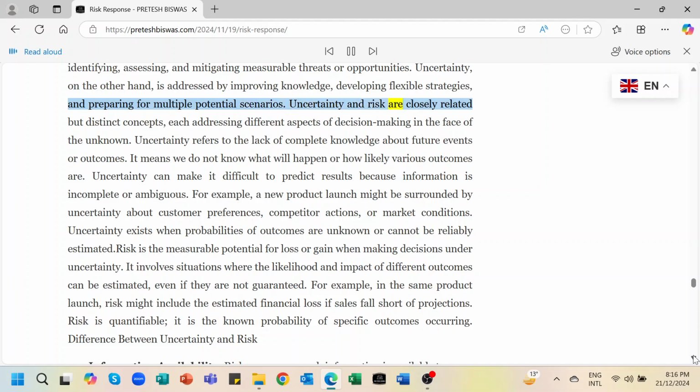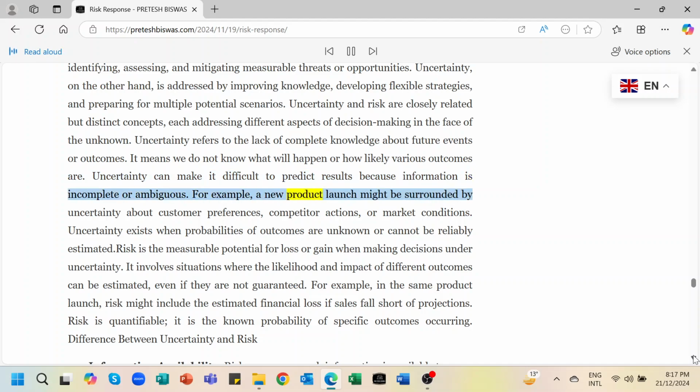Uncertainty and risk are closely related but distinct concepts, each addressing different aspects of decision making in the face of the unknown. Uncertainty refers to the lack of complete knowledge about future events or outcomes. It means we do not know what will happen or how likely various outcomes are. Uncertainty can make it difficult to predict results because information is incomplete or ambiguous.